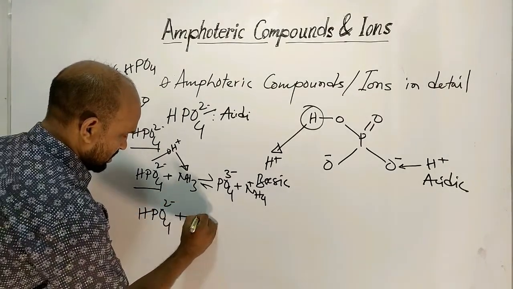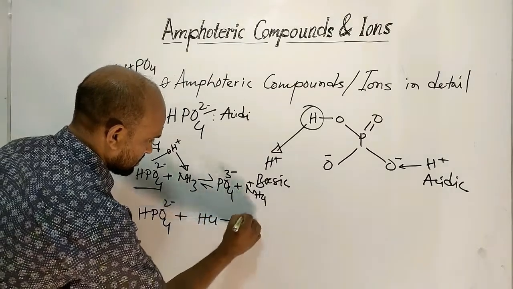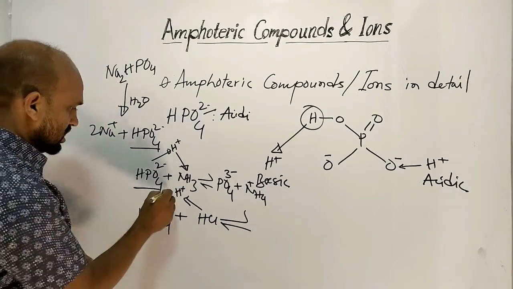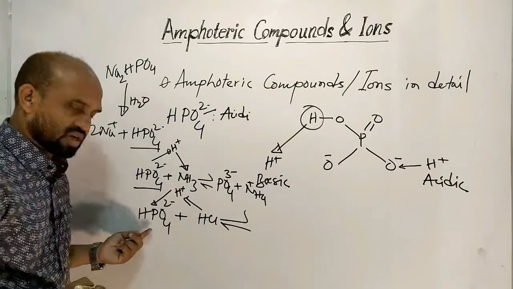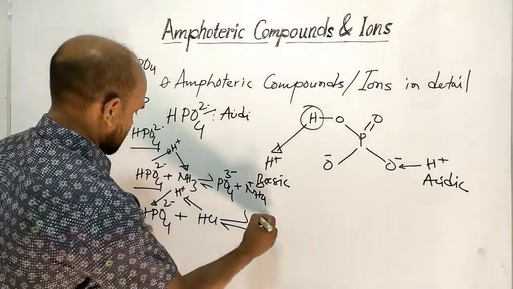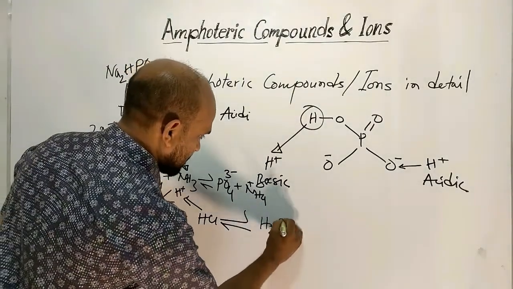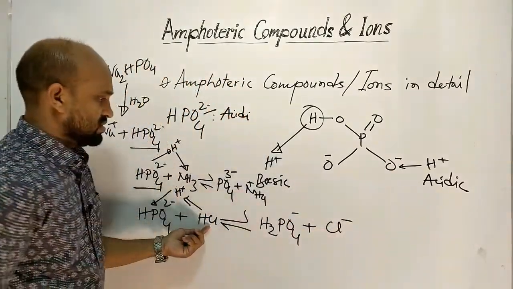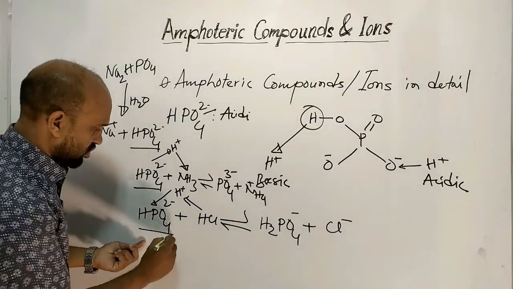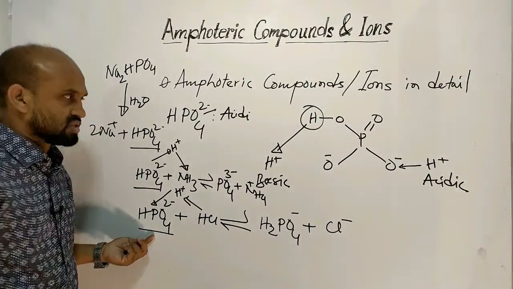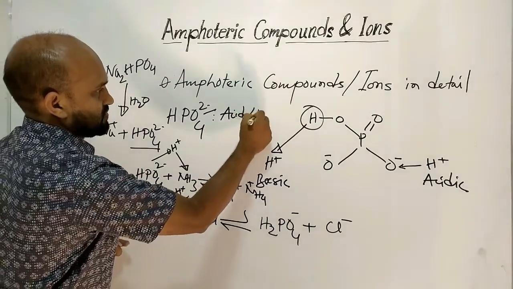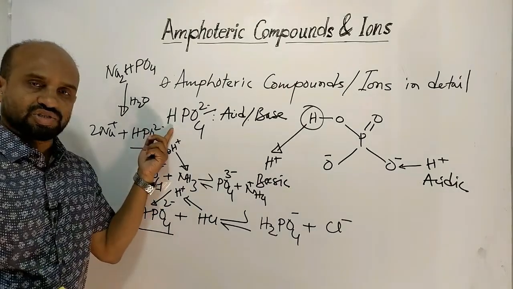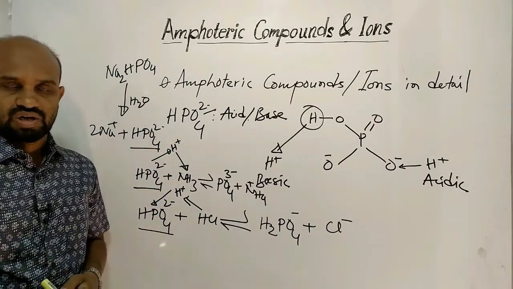When it is added to hydrochloric acid, hydrochloric acid donates a proton and monohydrogen phosphate ion accepts that proton. After that, it becomes dihydrogen phosphate ion and HCl becomes chloride ion. So in this reaction, monohydrogen phosphate ion acts as base. So monohydrogen phosphate ion is a kind of amphoteric ion.